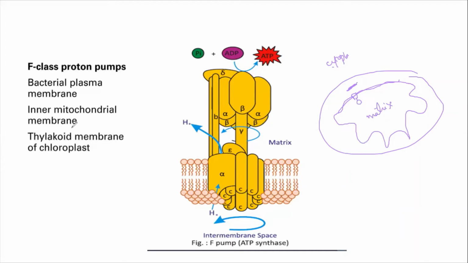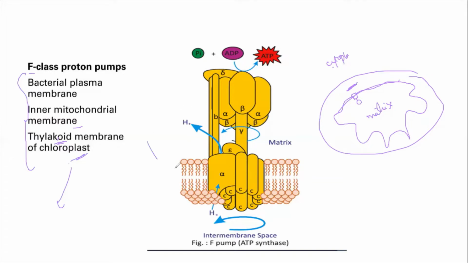So bacterial plasma membrane, inner mitochondrial membrane, and thylakoid membrane of the chloroplast. So wherever it is present, it is your F class proton pumps. Now thylakoid membrane of chloroplast, wherein when we talk about photophosphorylation, the ATP that is formed in photosynthesis is with the help of light, right? That's why it is photophosphorylation. There also ATP synthesis is happening. So that is again F class proton pumps in the thylakoid membrane. And in the inner mitochondrial membrane, what happens? Oxidative phosphorylation, that is ATP synthesis. And in the bacterial membrane, we normally call them H+ or P+ proton pumps, okay?